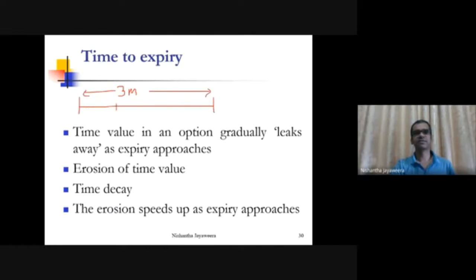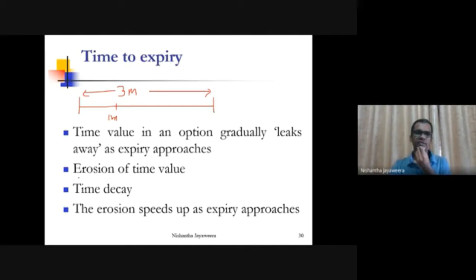Say after 1 month, what would happen? Assuming all others remain the same again, now the maturity is low. So therefore, time value goes down. We call it erosion of time value or time decay. When it gets closer to the maturity, time value decreases.